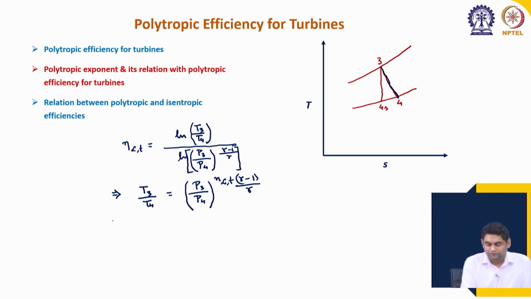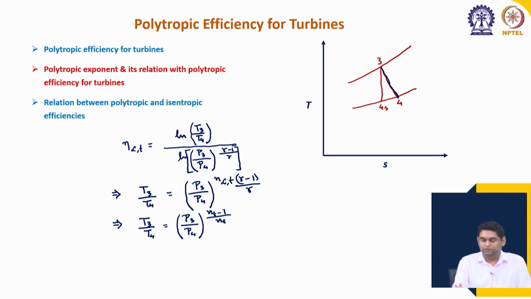So, this is as if T3 by T4 is equal to P3 by P4 to the power Nt minus 1 by Nt, where Nt is the polytropic exponent for the process.